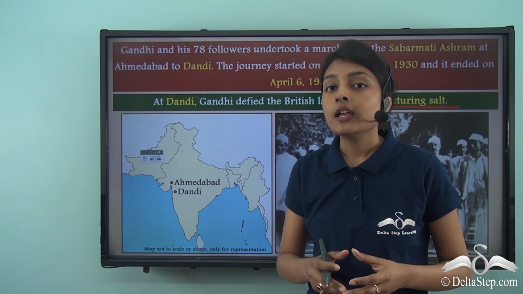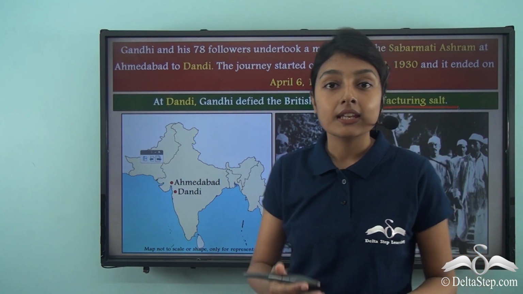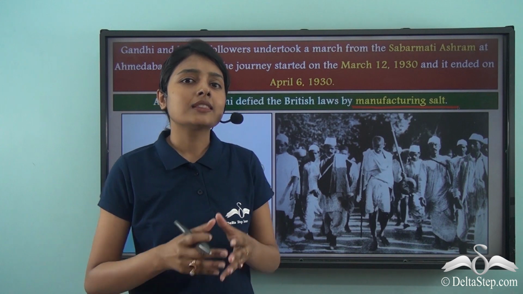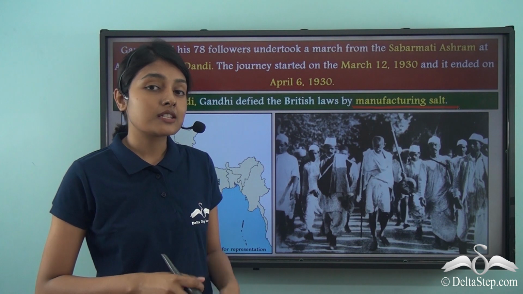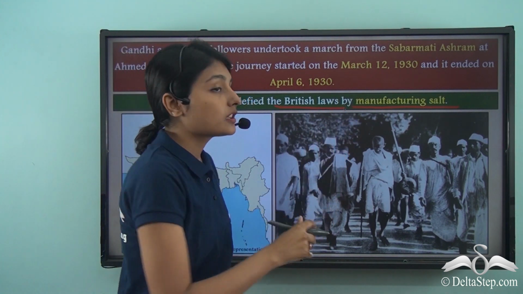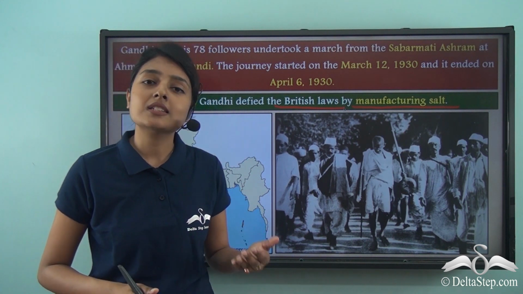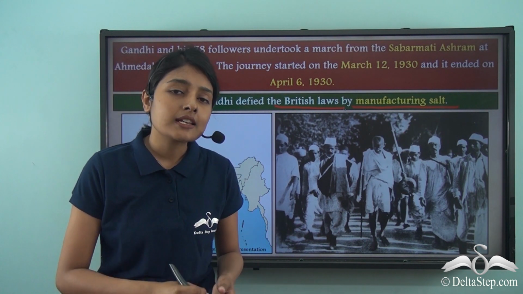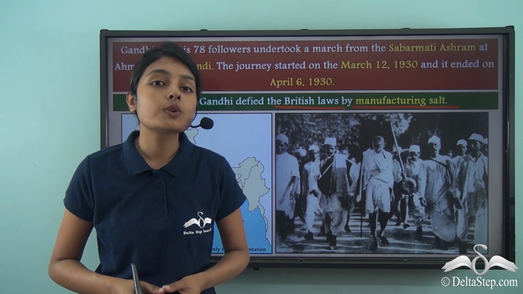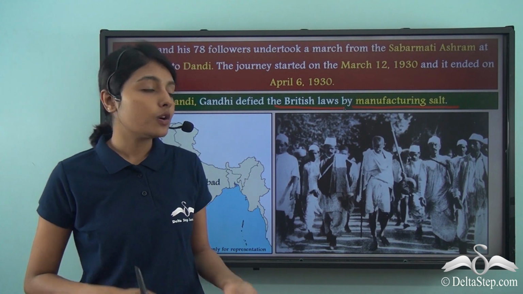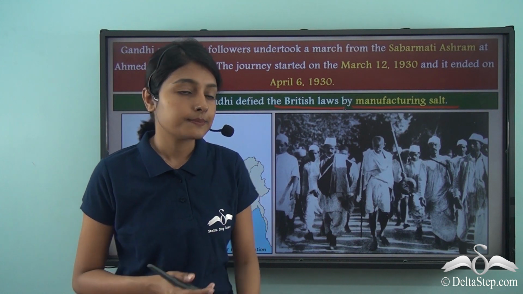And in this way, when Gandhi and his followers reached Dandi, they manufactured salt, and this was a very strong blow to the British government because they completely defied the British salt laws. In accordance with the British salt laws, the Indians were not allowed to collect or even make or sell salt, but Gandhi and his followers were doing the same. And this is how the civil disobedience movement began in 1930.